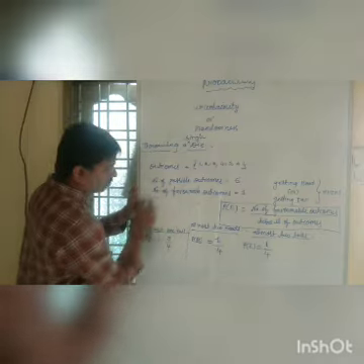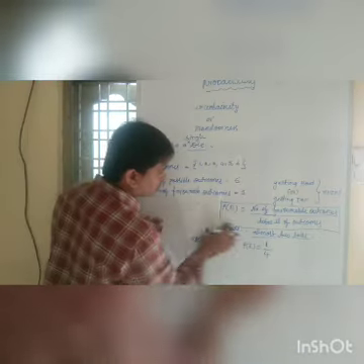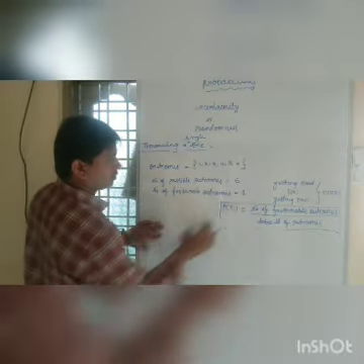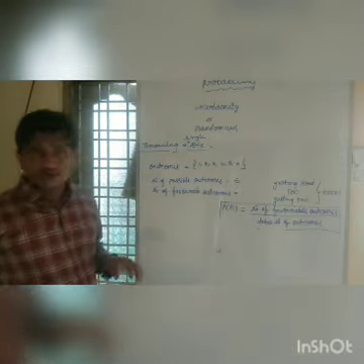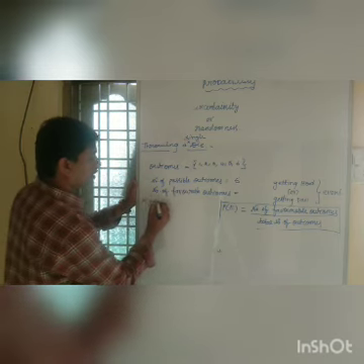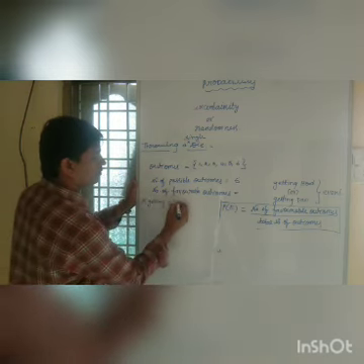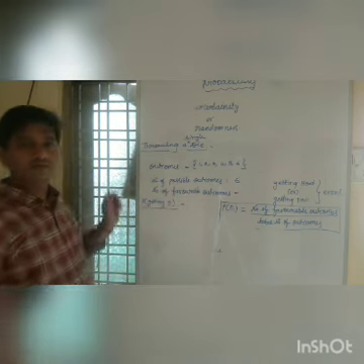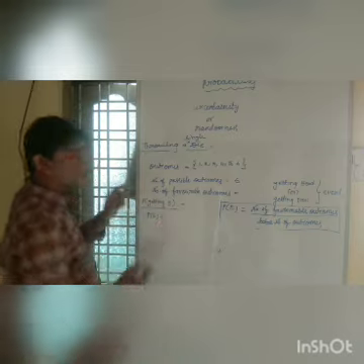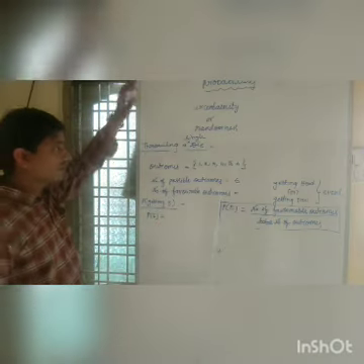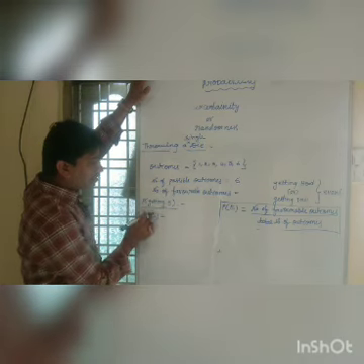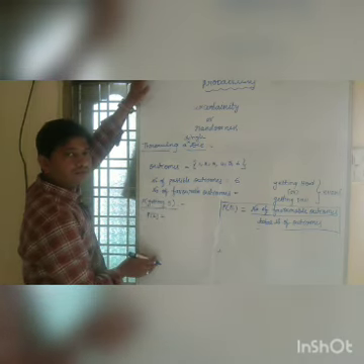Okay, let us see now all the events. So probability of getting a number 5, that we consider as P of E. Our favorable event is getting 5.